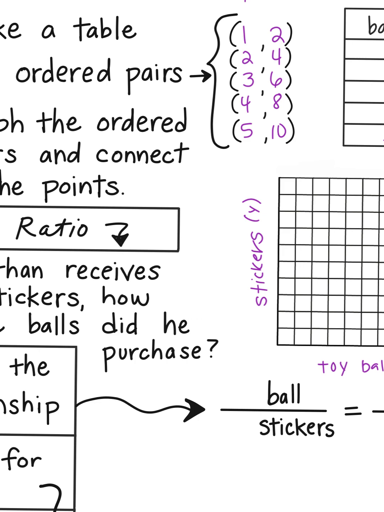And now I'm going to label. I've got to pick a scale that I want to label my X-axis and my Y-axis by. Looking at all of my numbers in my table, what scale do you think we should label by? Do we have to label by 2s, or do we have enough to label by 1s? We have enough to label by 1s, so we'll go ahead and do 1.